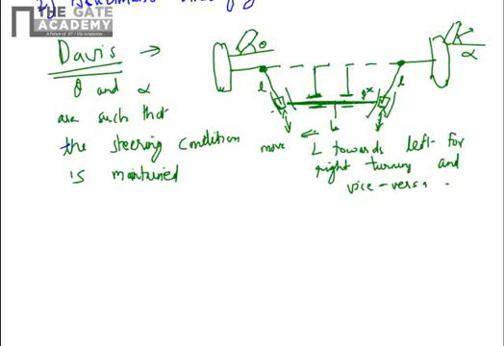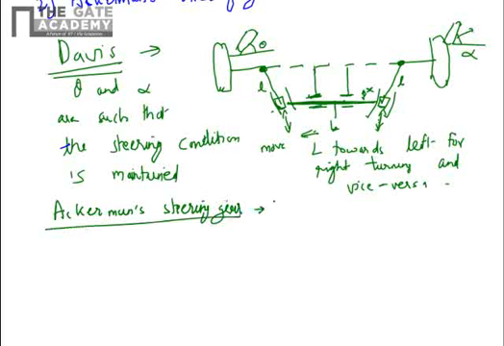The other category is the Ackermann steering gear. Here also a similar link is formed. You have these two front wheels that are pivoted about a fulcrum. This is the other side of the wheel.